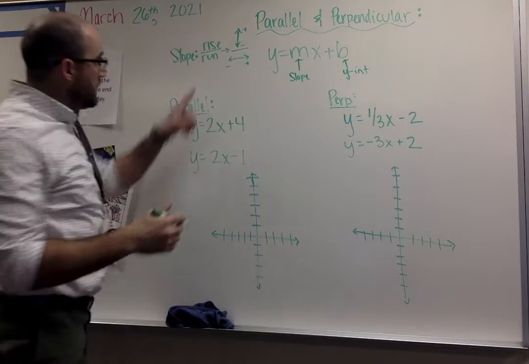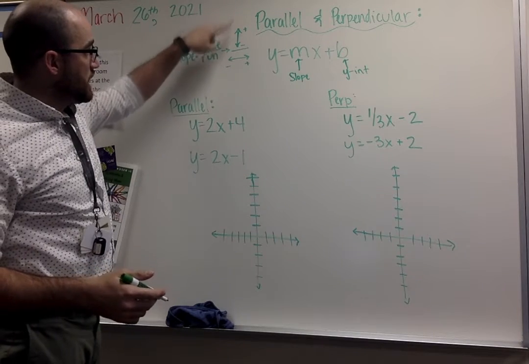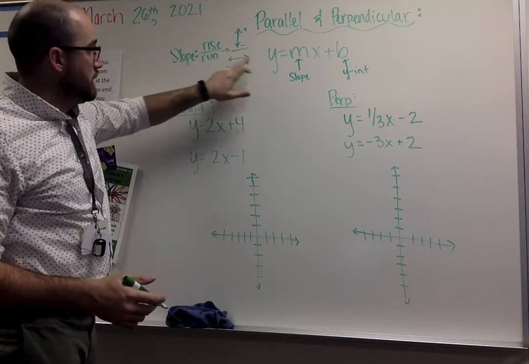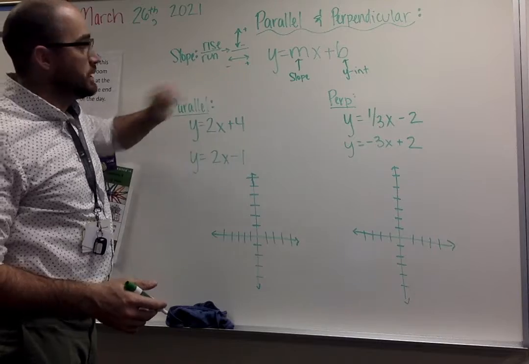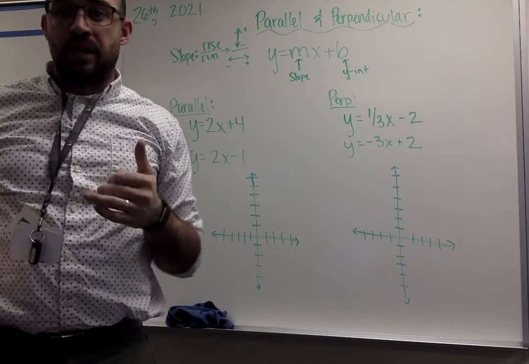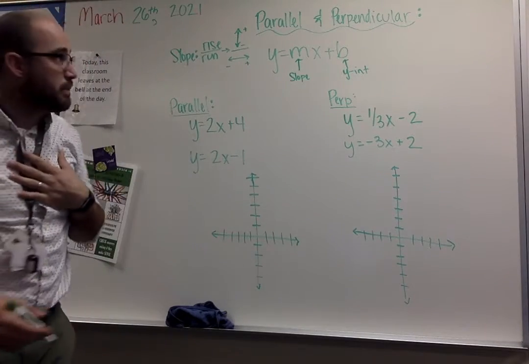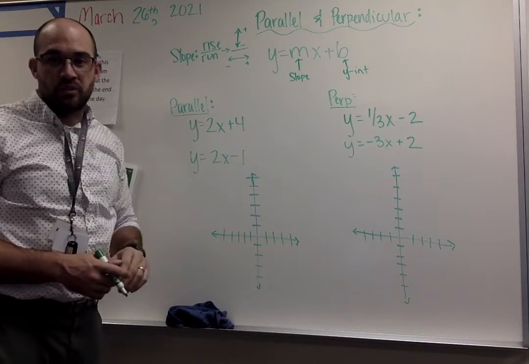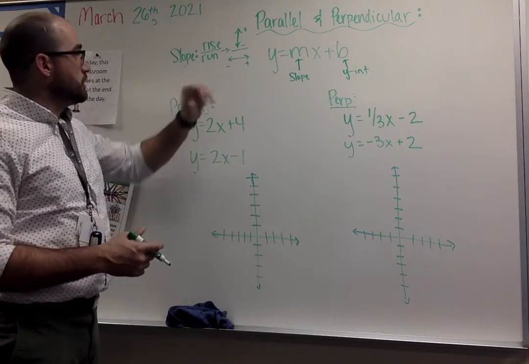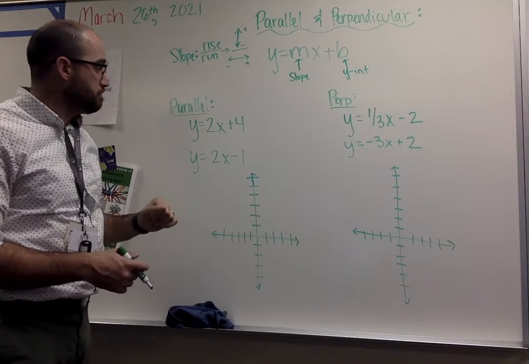If I'm going up, it's positive on the top, down is negative on the top, to the right is positive on the bottom, to the left is negative on the bottom. That's just my way of getting past being unsure about rise and run. So you can think about it as rise over run or up and down over left and right.